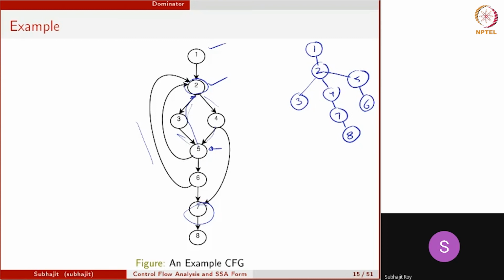Because the edge is flowing from 5 to 2, but the dominance relation is flowing from 2 to 5. Right? And the same goes for the edge 6 to 2 also. The edge goes from 6 to 2, while the dominance relation goes from 2 to 6. That is why these are my two packages. I have a package which goes from 5 to 2 and another package which goes from 6 to 2. Excellent. Thanks for the answer.